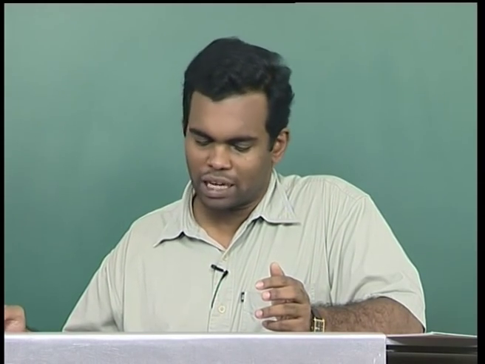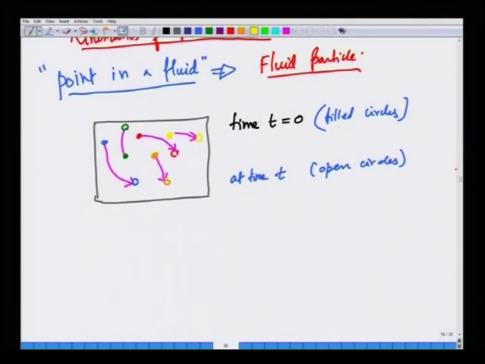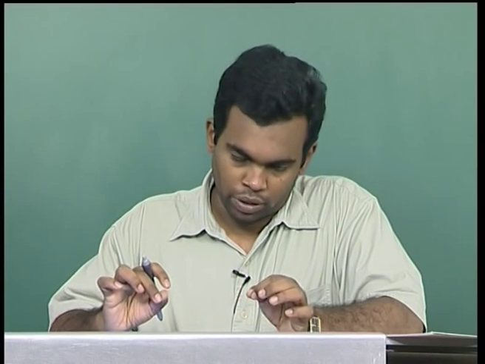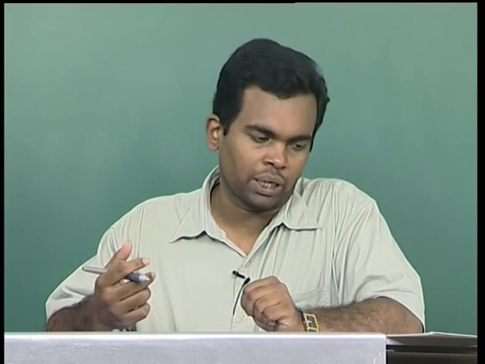Now, these points can be thought of as fluid particles. Such dye spots can be used to identify the location of fluids at various points in the fluid at initial time, and the subsequent motion can be thought of as a fluid particle.